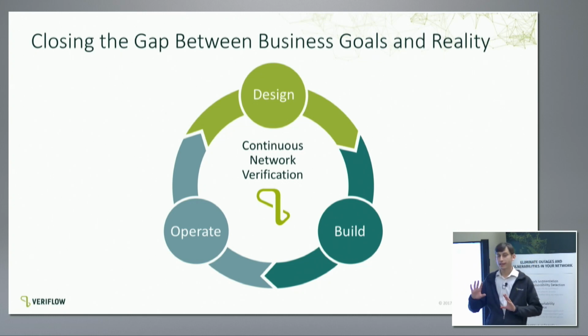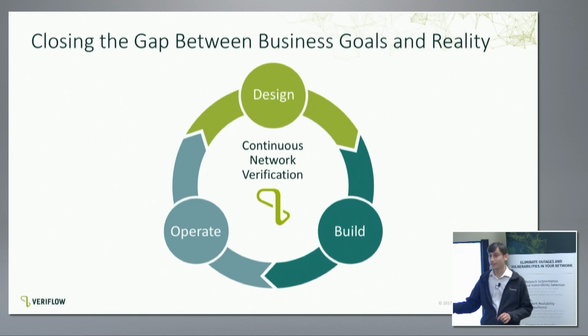So that's the vision. The second thing that I want to mention is why we're really excited about this. It's one of the coolest new technologies in networking today, but it's something that you can use today. You don't have to take verification and deploy it in some greenfield corner of the data center.